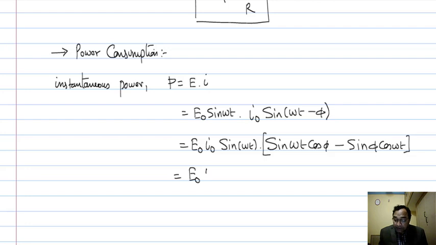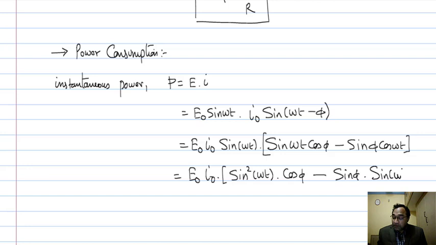It can be written as E naught I naught, then sin omega t, so out here I get sin square omega t into cos phi minus sin phi into sin of omega t into cos of omega t. This is how we can simplify.